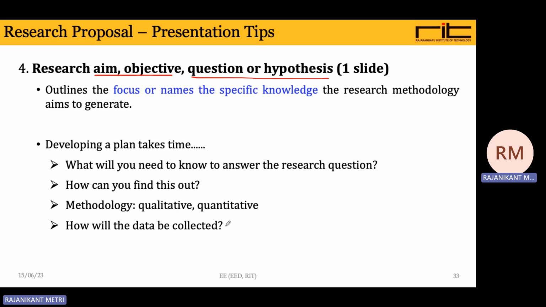These questions will be answered within your research aim and objectives, and this has to fit in one slide.